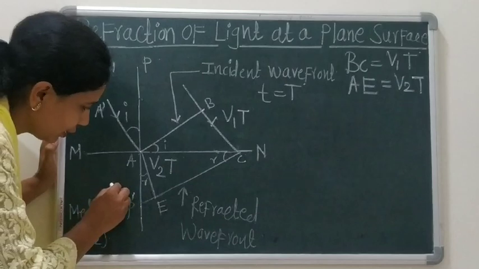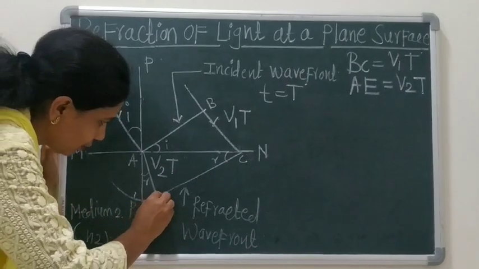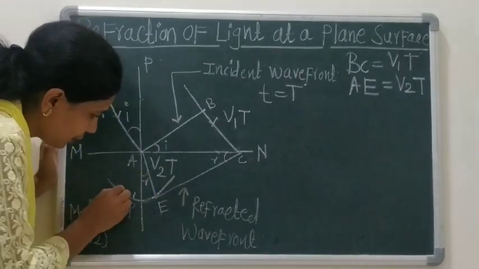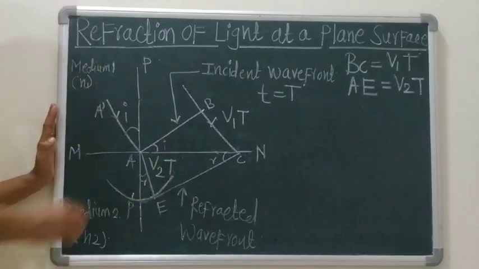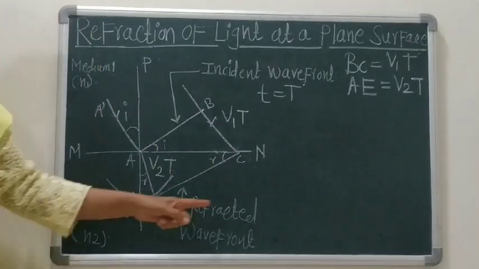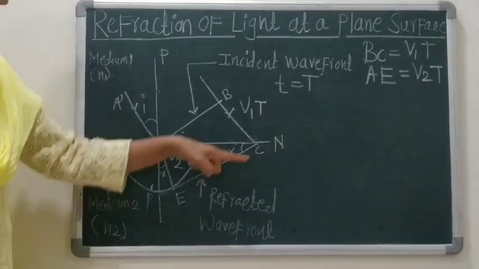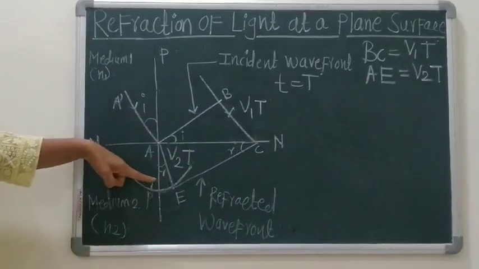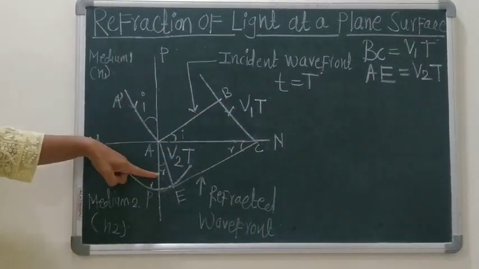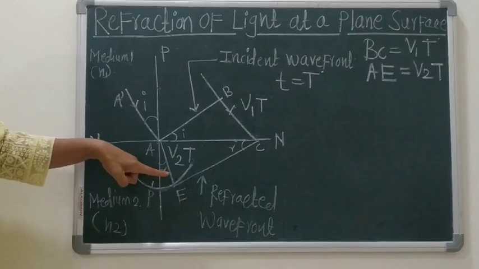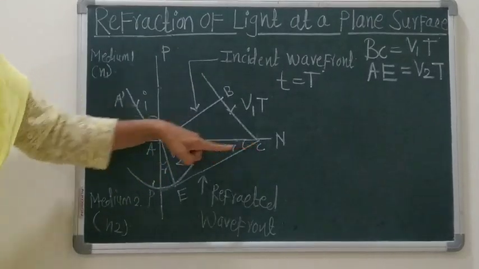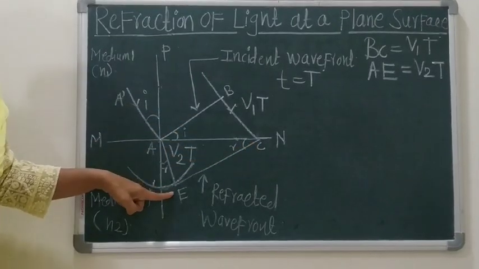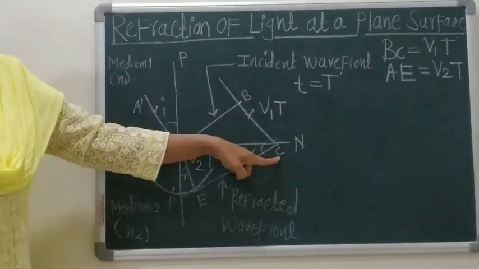Again we can plot the hemisphere. This hemisphere represents the refracted wavefront, and this refracted wavefront is a tangent to the hemisphere, which is represented by the letter EC.